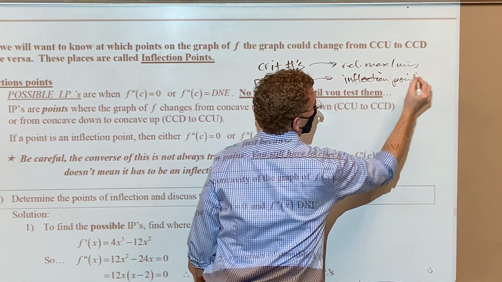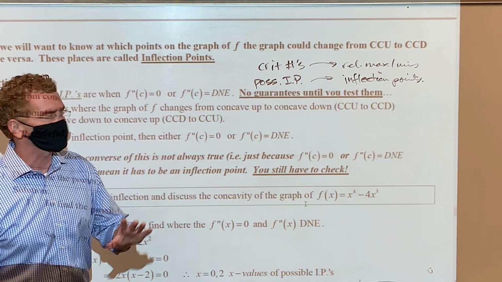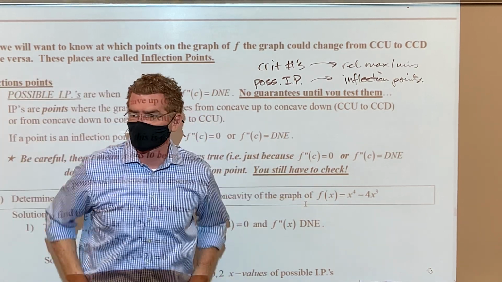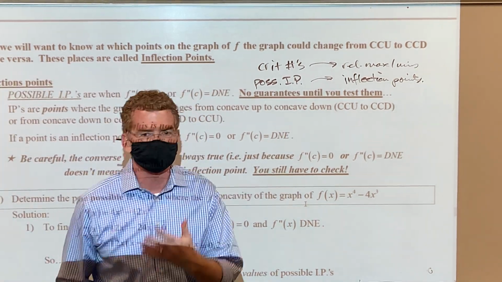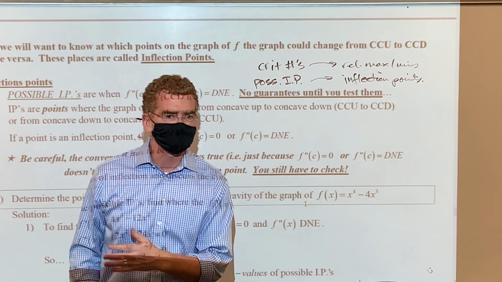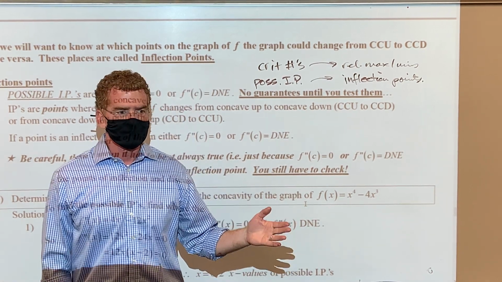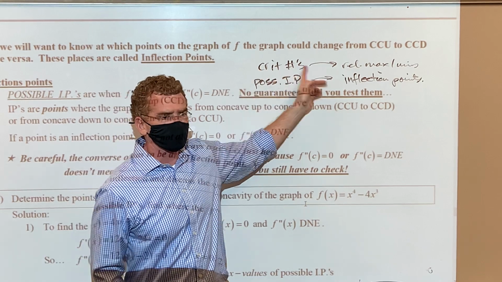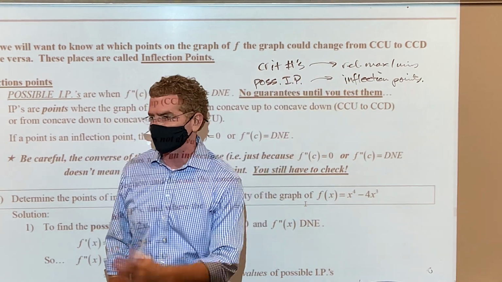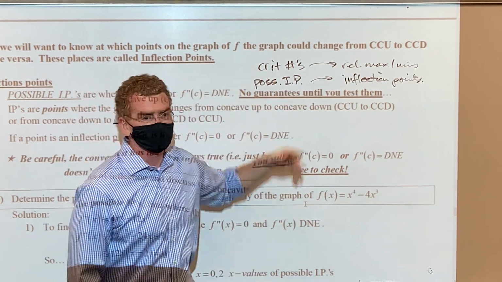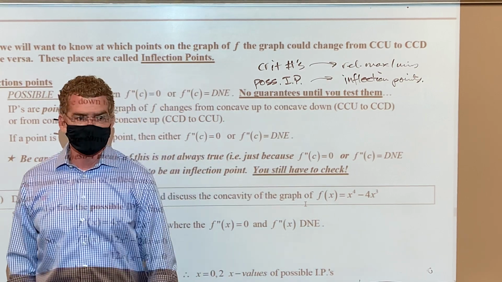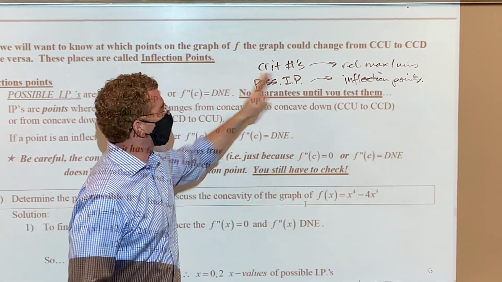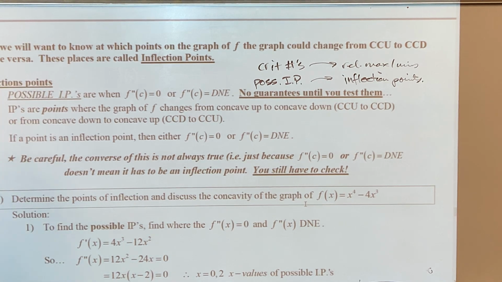But it's very easy to mess up your definition, or not answer the question correctly. If I ask you, what are the inflection points? And you accidentally give me the possible inflection points. It's just like a critical number. You don't know if a critical number is going to be a relative max or min until you check. And I don't know if a possible inflection point is going to be an inflection point until I check. But it's the same kind of thinking. They're matched like this. All right?